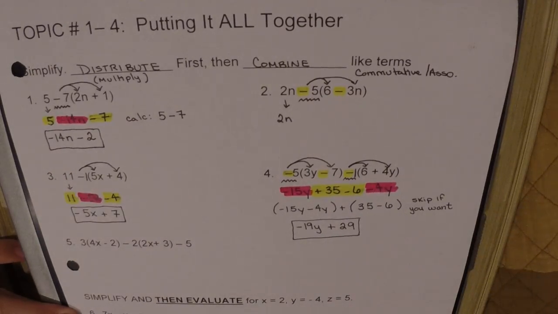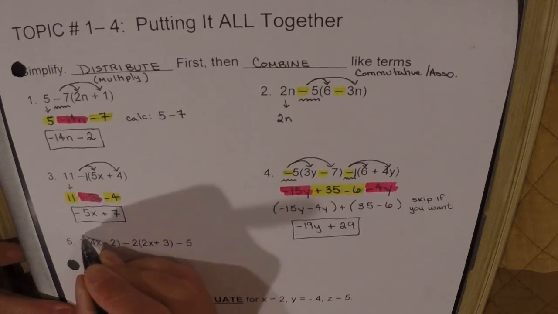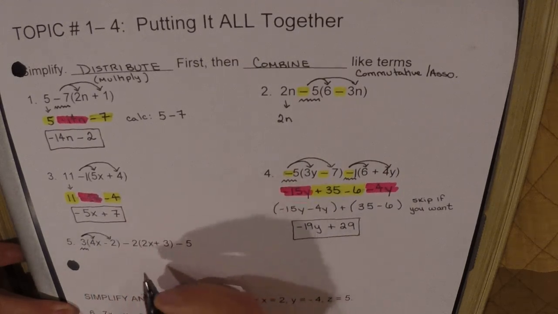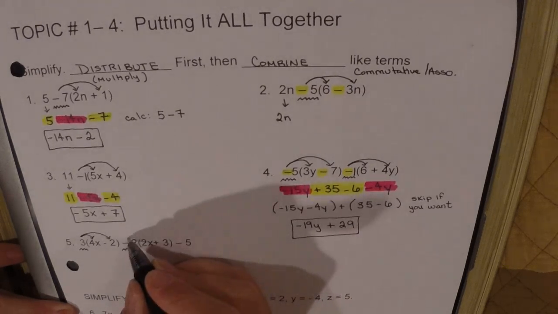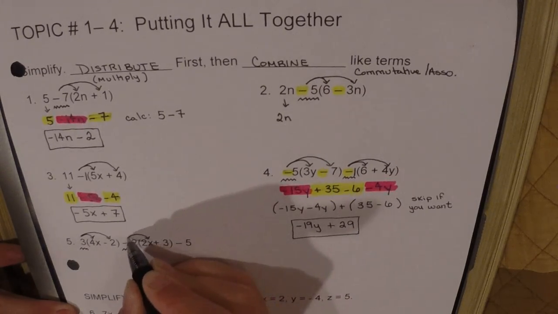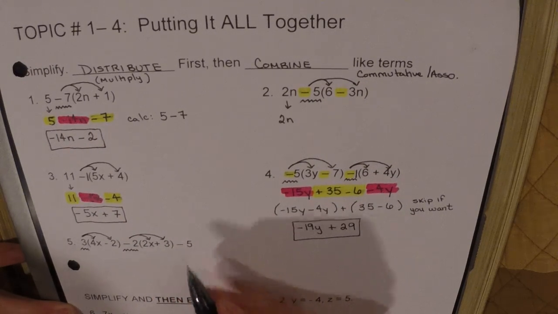All right, so let me help you set up this last one, and then I want you guys to try this one on your own. We're going to distribute a 3, so it would go here and here. And then this set of parentheses has a negative 2, so it would go here and here. But then I have this minus 5 out here.